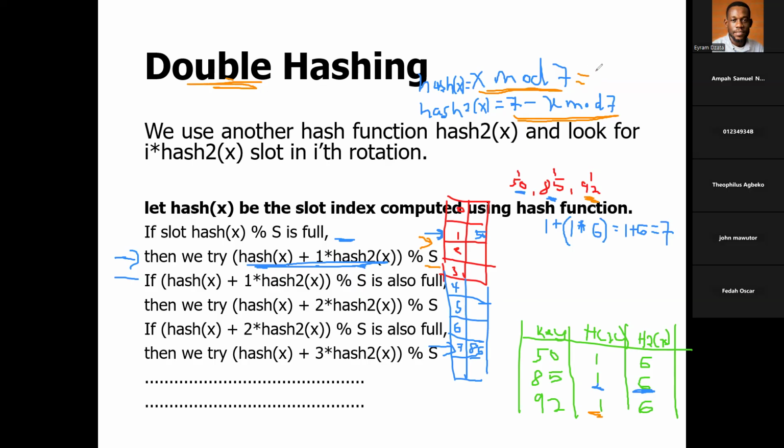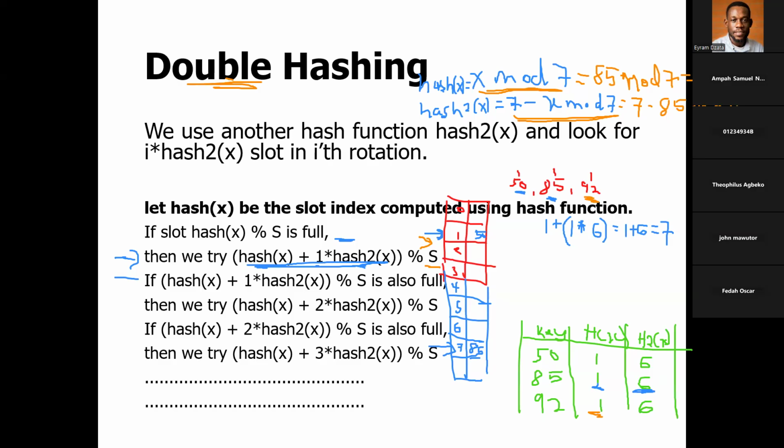When we did the first one for 85 mod 7, please pardon my handwriting, that gave us 1, right? Then the second hash function is 7 minus 85 mod 7.